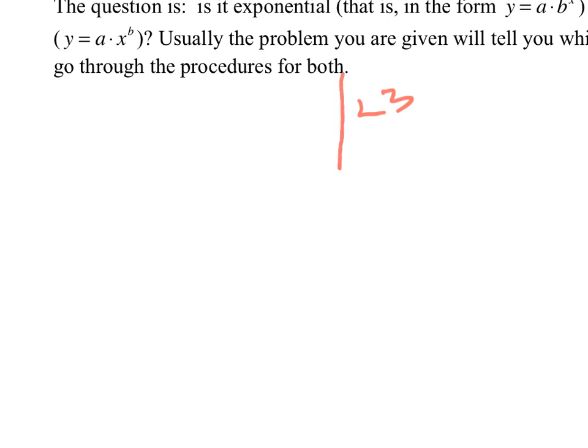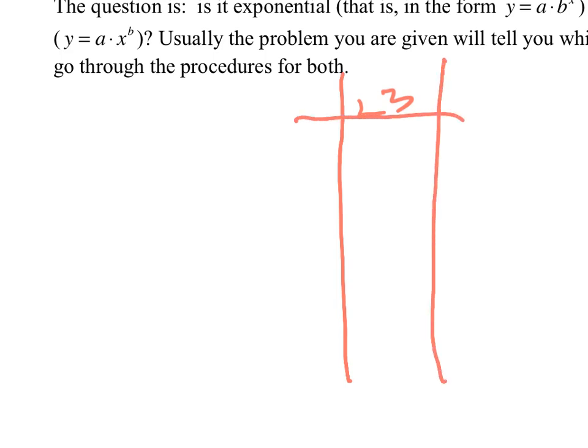So here goes. In your L3, please tell me you at least have the original data in your calculator. All right, you can delete your residual data because we don't need it now. I need you to log list 2.